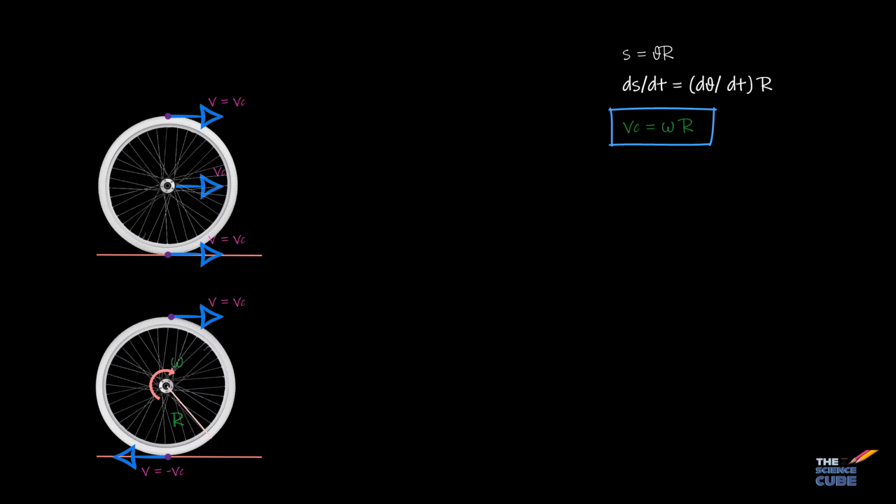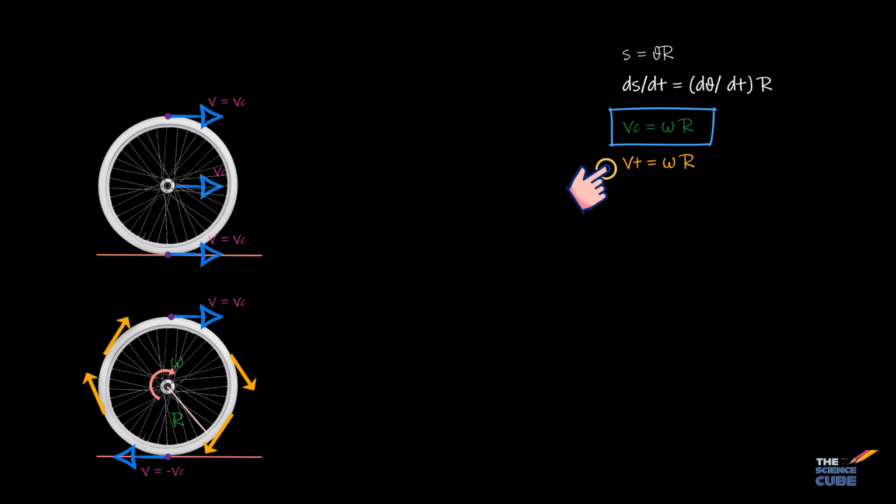That is, it is not moving forward, but just rotating at the same place. Now, we know from our study of rotation that every point on the wheel rotates with an angular speed omega, simply because every point moves through the same angle in the same time. Also, every point on the wheel has a tangential velocity given by the formula omega r, which also happens to be the linear speed v center of mass we found earlier.